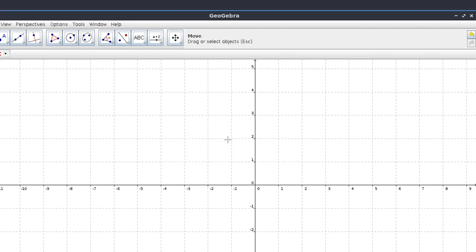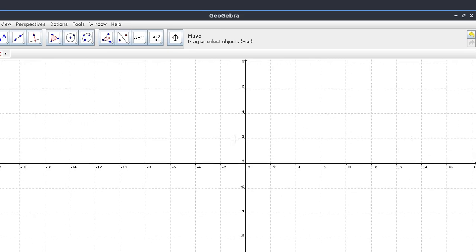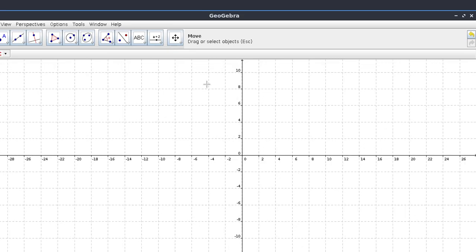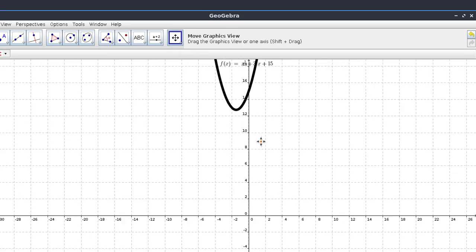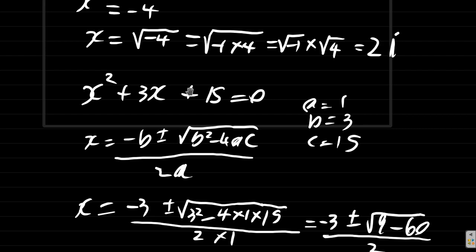We take it off. So let's zoom out and see what is happening here. Oh, all the way up here. So it doesn't intersect the x-axis either. So these functions do not intersect the x-axis. So they have imaginary solutions.